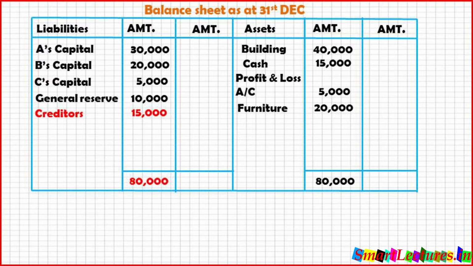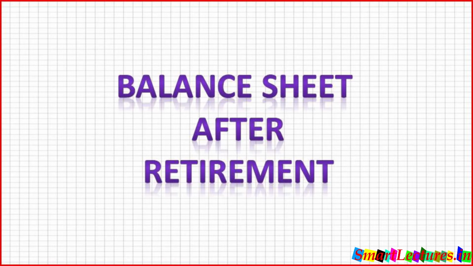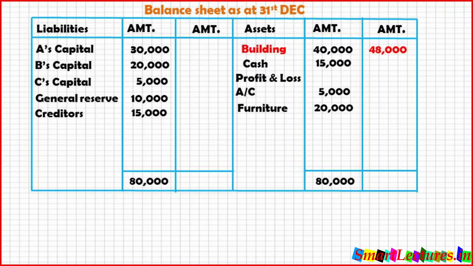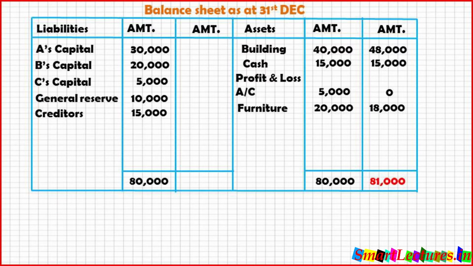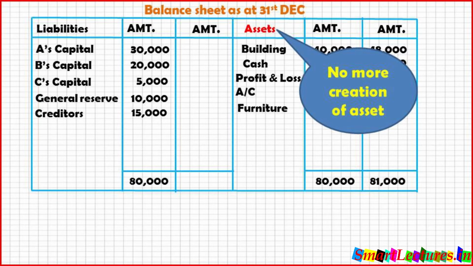Now after that, we are going to prepare the new balance sheet after retirement. Building will be 48,000 now, cash is as it is 15,000, profit and loss account is no more, it will be 0 now. Furniture is only 18,000, because if you have a look at the graphics of the balance sheet, the part of 2,000 is gone, the remaining part is only 18,000 now, and the total will be 81,000. There was no creation of any asset. So these are the old assets which have been written with the new values.